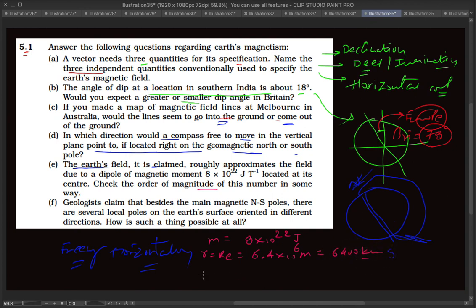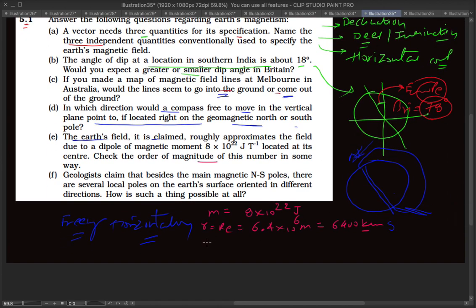This is the data I have, and I want to find my magnetic field. So I put the formula B = mu_0 / 4 pi times m / r cube. You get this value nearest to 0.3 Gauss.